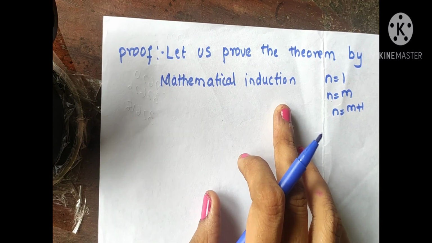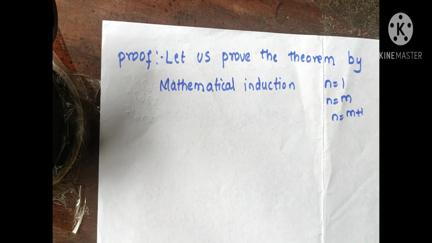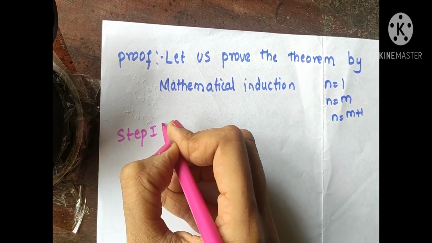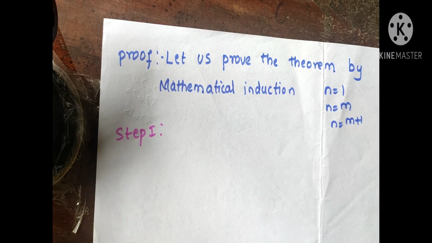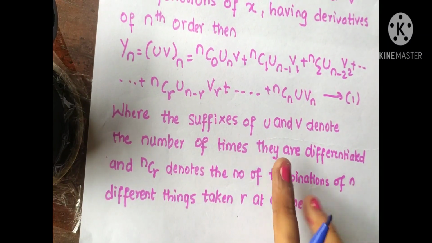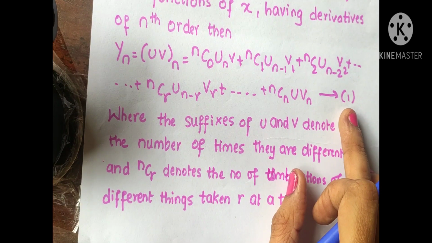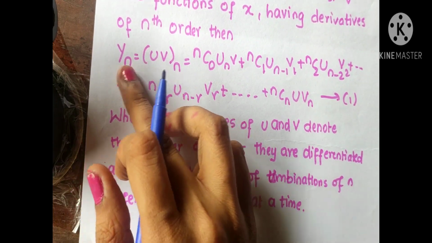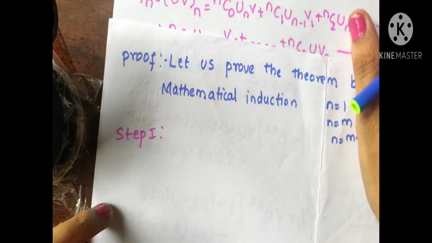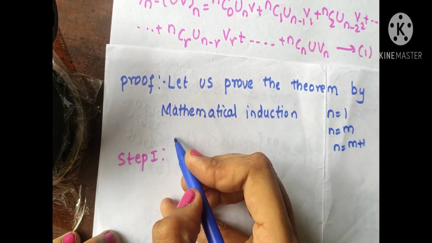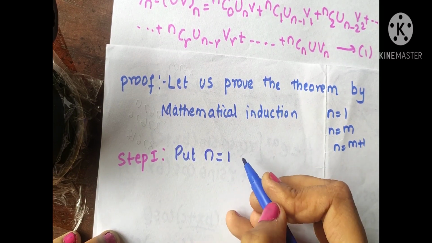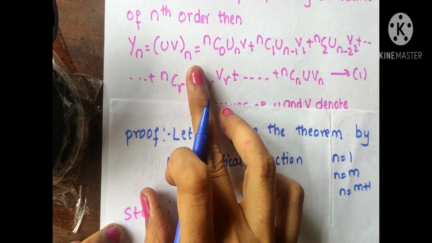So let's begin with step 1. What does step 1 say? We consider equation 1, and we prove the result is true for n equal to 1. So put n equal to 1 in this equation.